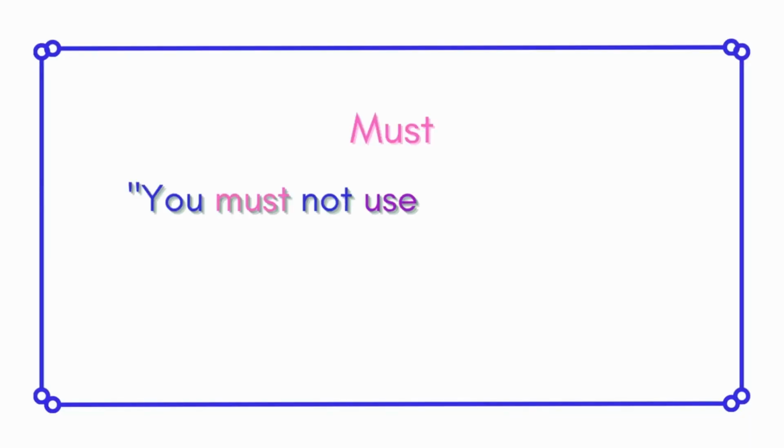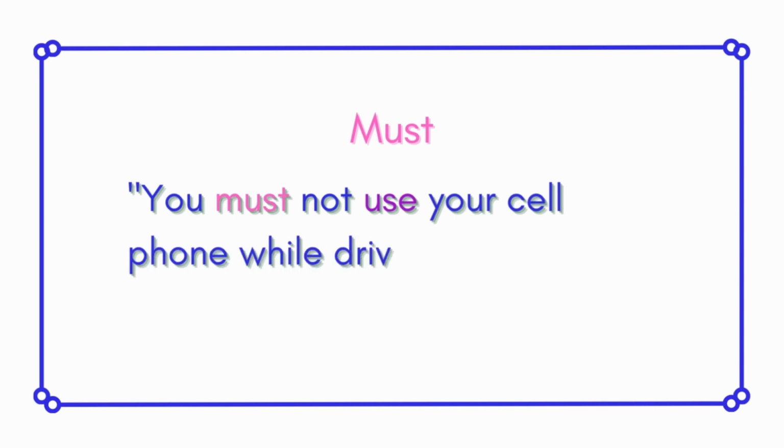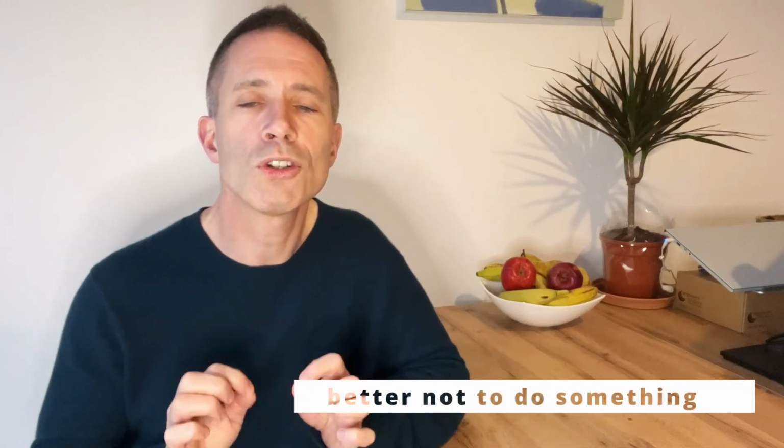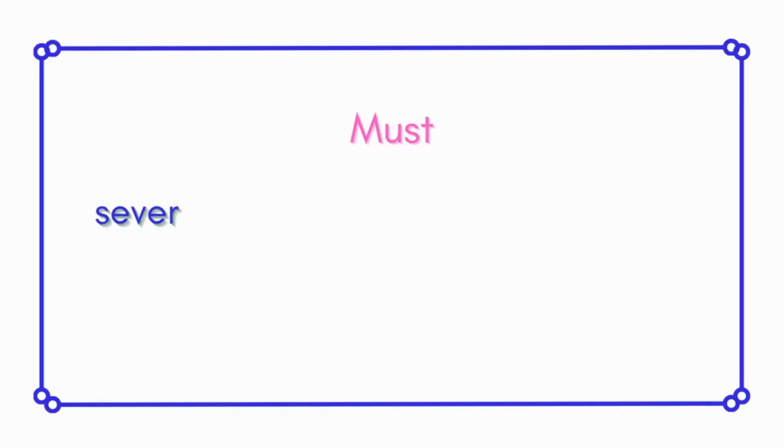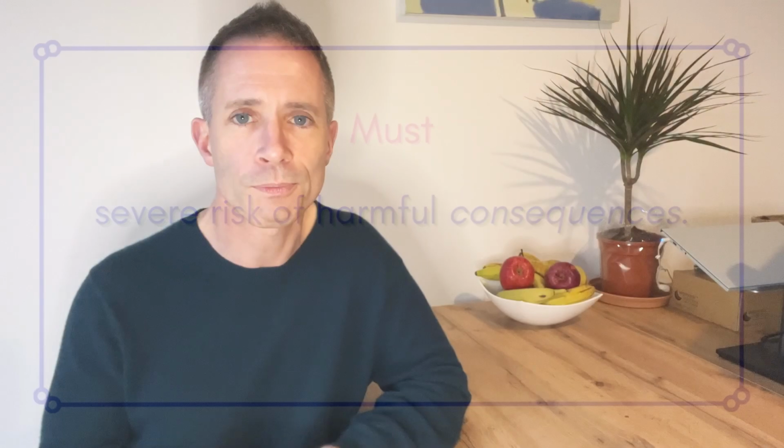Another example, you must not use your cell phone while driving. Now here, this sentence means it is always best not to use your cell phone while driving because there is a severe risk of harmful consequences.